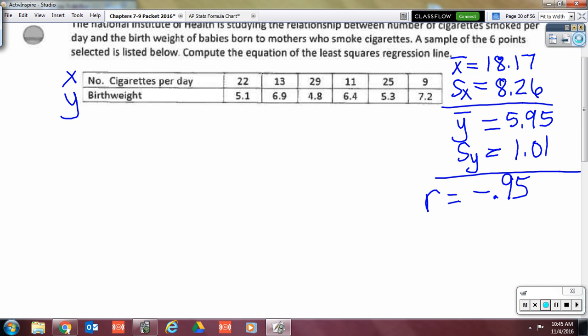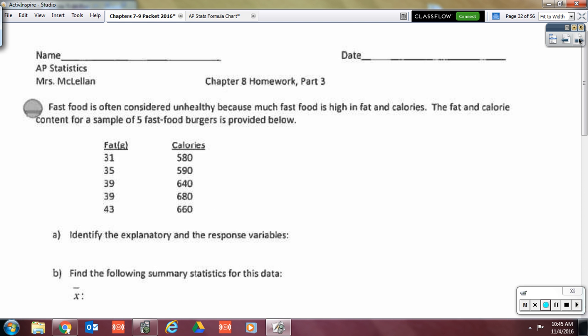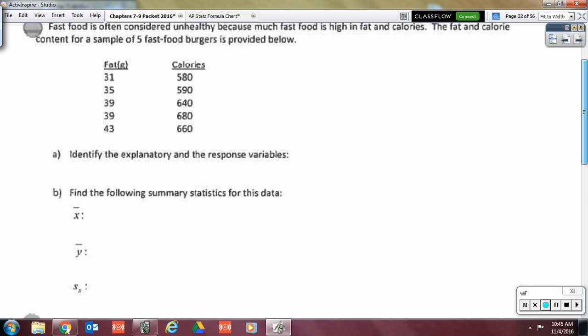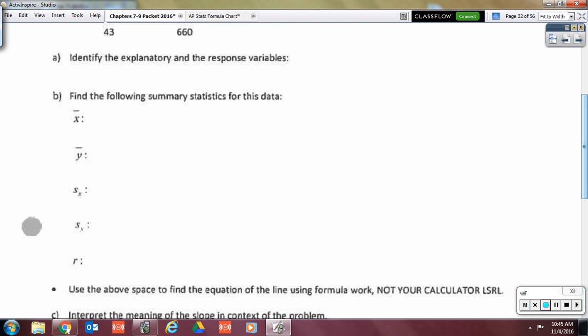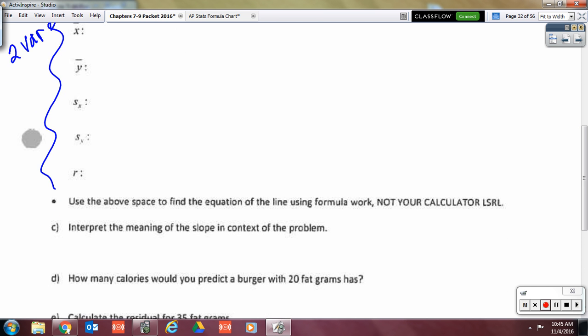In fact, I think on the homework, the first problem I had asked you to come up with these summary statistics, and with that you're having to get that from 2 variable stats. And then I said use the above space to calculate the equation of the line. Don't use your calculator.